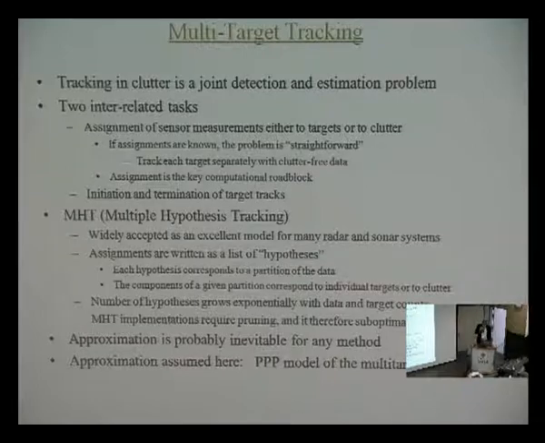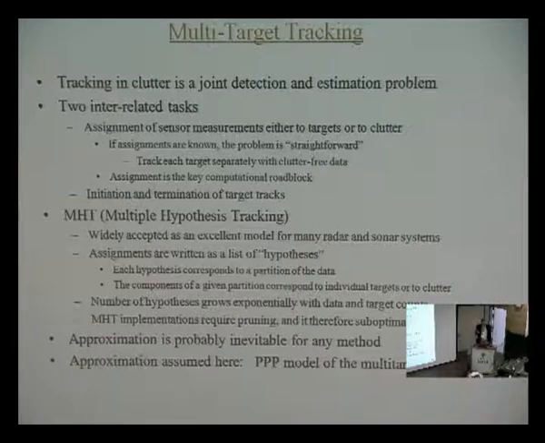MHT, the multi-hypothesis tracking, is widely accepted with point measurements to be, quote, the best model for radar and sonar. It's not the only model. With distributed targets, there are other issues, but with MHT methods, these are, with those kinds of models, problems rather, MHT is often thought to be the best, or the appropriate thing.